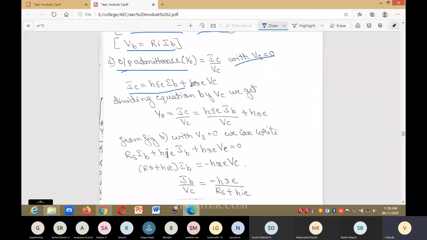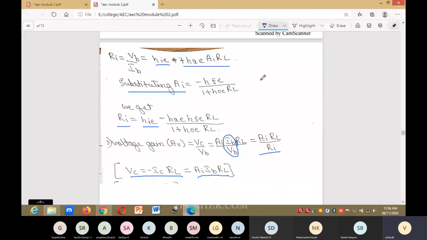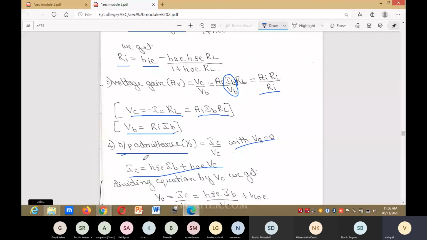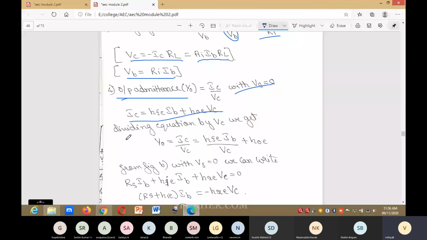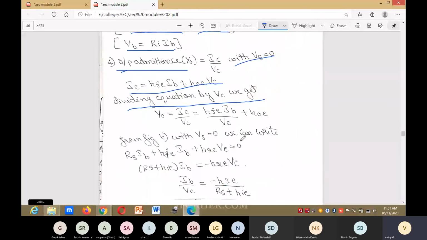IC is the same equation, HFE into IB plus HOE into VC. Dividing the equation by VC, we get Yo is equal to IC divided by VC is equal to HFE into IB divided by VC plus HOE. This is the output admittance.